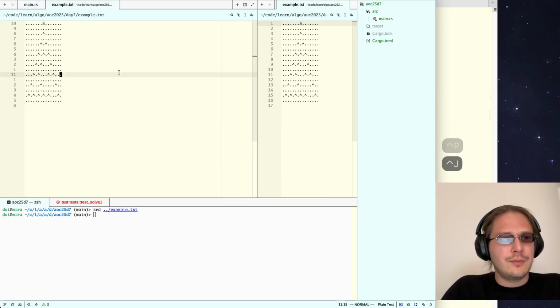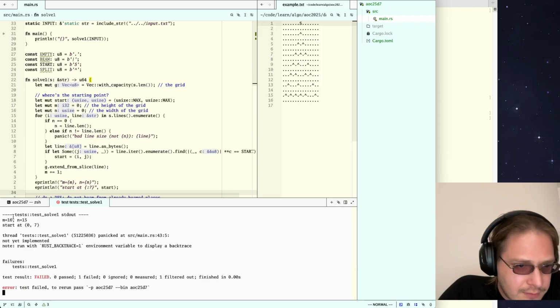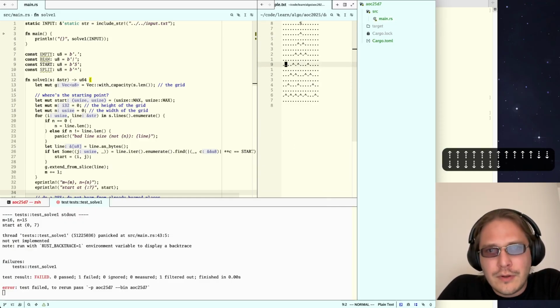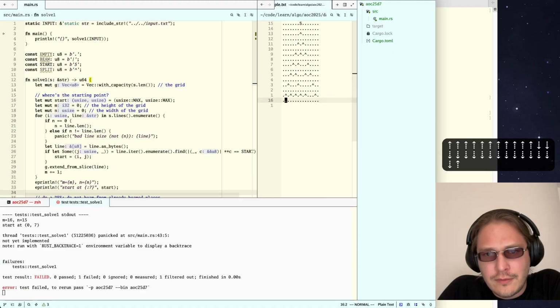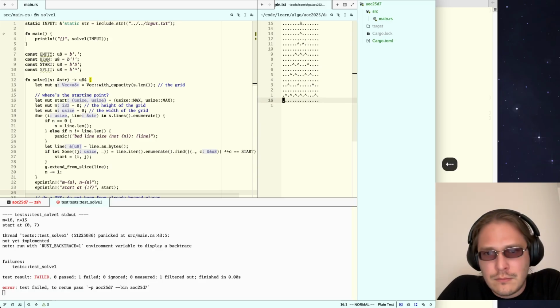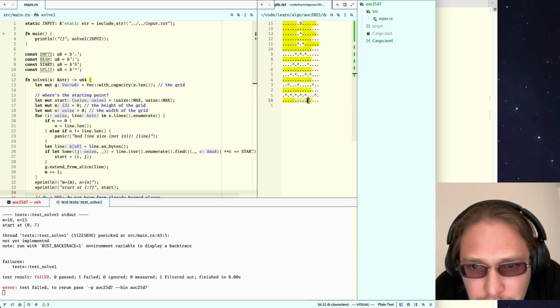Did you determine the grid size correctly? 16, 15. Grok, is this true? 16? Is it 15?